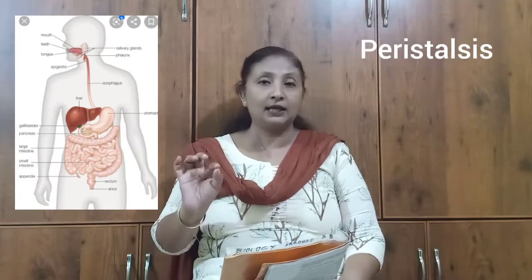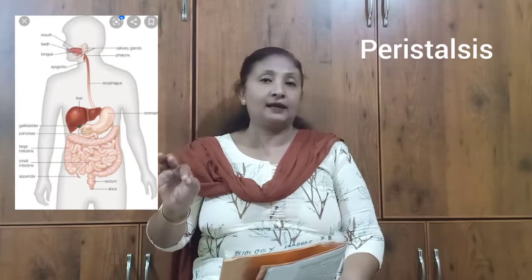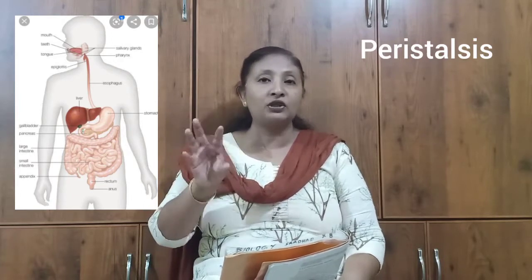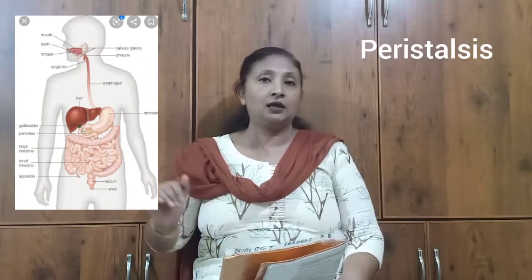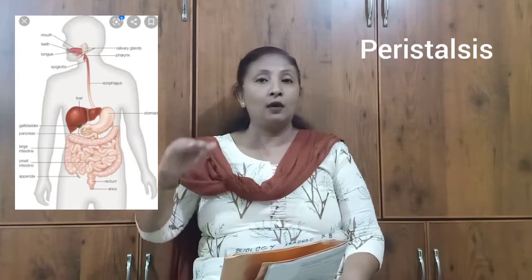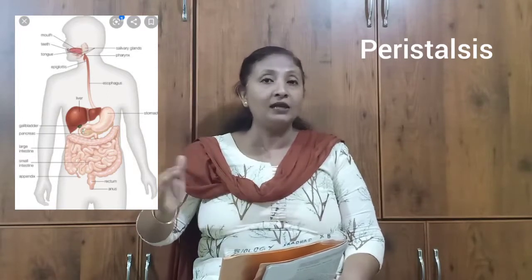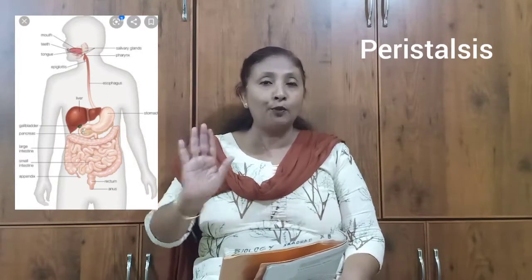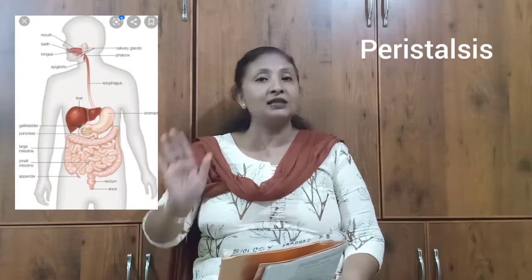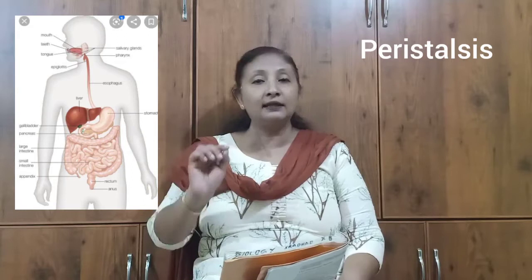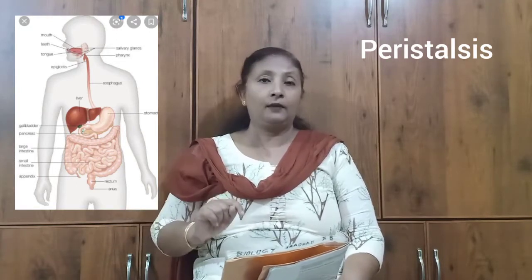These circular muscles continuously contract and relax and help to push the food forward, and it gives a wavy effect. So the wave-like movement which helps to push the food forward in a regulated manner is known as peristalsis, and this is found all throughout the alimentary canal.